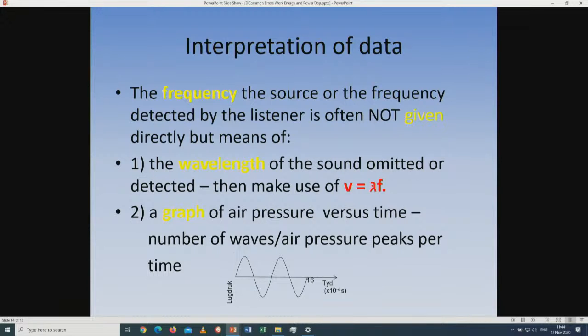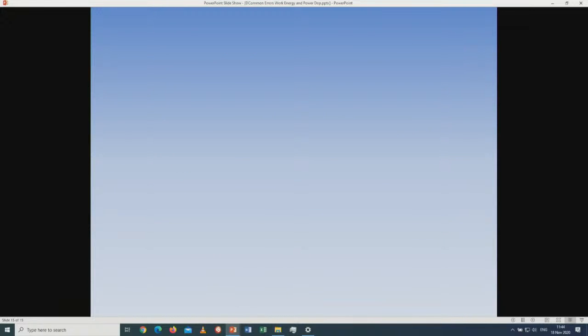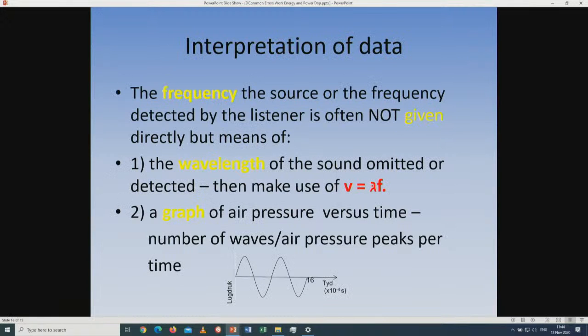You must be able to identify that there are actually two complete waves. So this is 2 waves per time. So the number of waves is 2 divided by the time. The time is indicated as 16 times 10 to the power minus 4. So the frequency equals 2 divided by 16 times 10 to the minus 4.